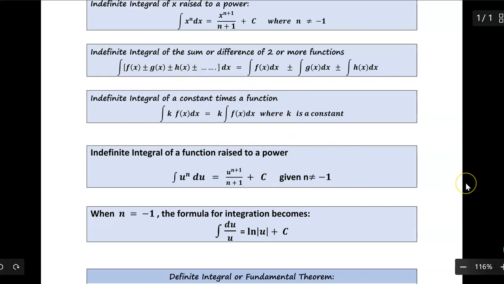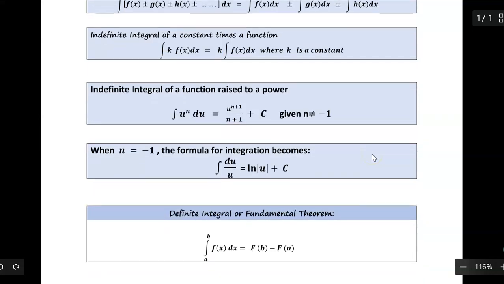The properties of integration let you break the integral into a few simple integrals so that you can integrate. If you multiply a constant with a function, you can bring the constant across the integral sign, and you also have to apply the fundamental theorem if you work with a definite integral.